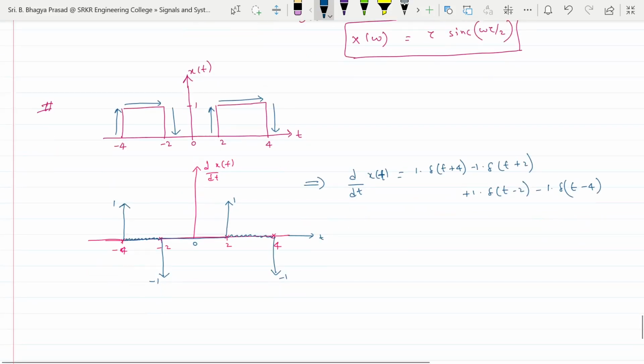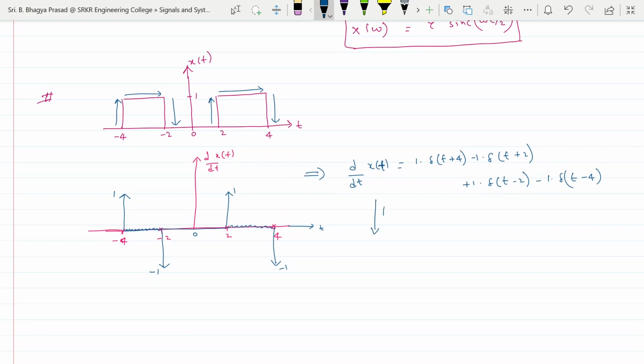Now again apply the Fourier transform on both sides. You know this is j omega X of omega. So applying the time shifting property, e power 4j omega minus e power 2j omega plus e power minus 2j omega minus e power minus 4j omega.